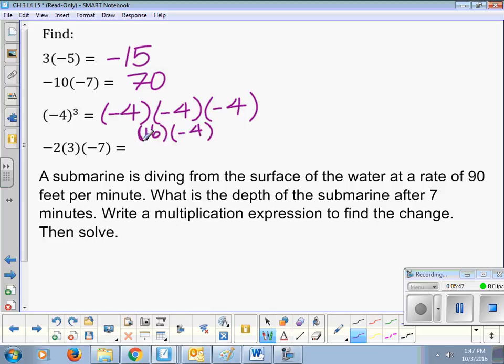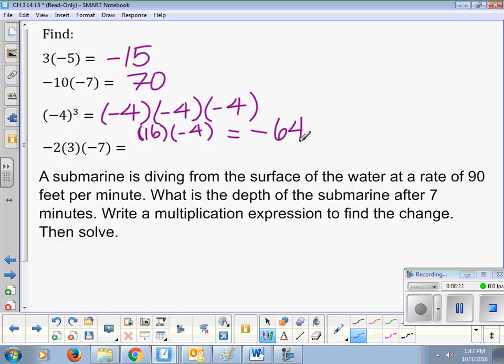What is 16 times 4? 64, and we have same signs or different signs? One's positive, one's negative, so our answer is negative, and we get negative 64.